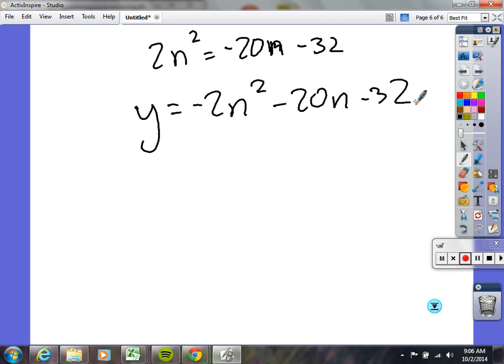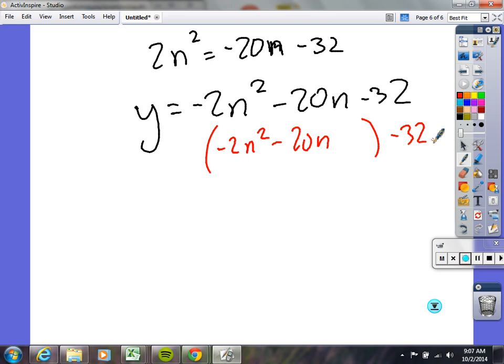Alright, keep your notes out. This is a good one to keep looking at. Don't do it on that because you want to practice it later. Okay, is this a perfect square trinomial? No, especially because of him, right? So negative 2n squared minus 20n minus 32. What do I have to factor out?